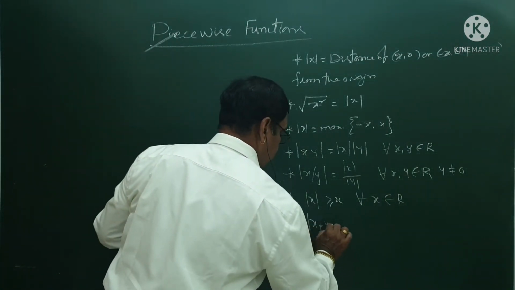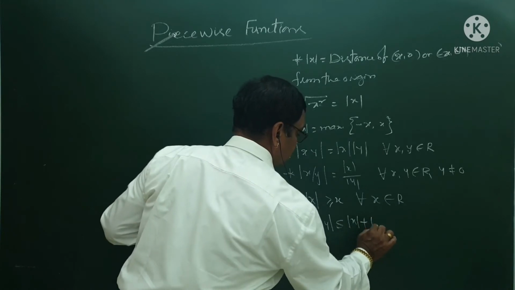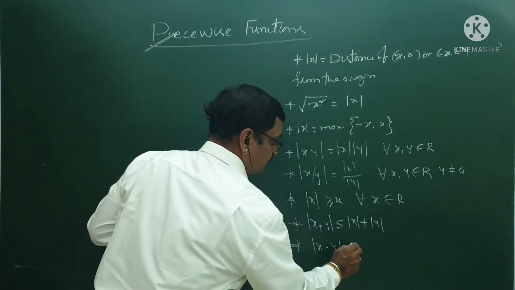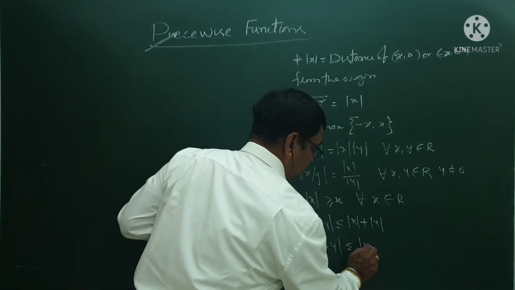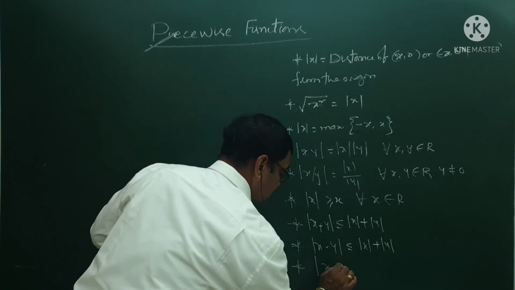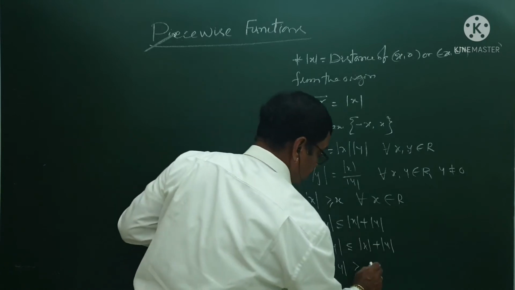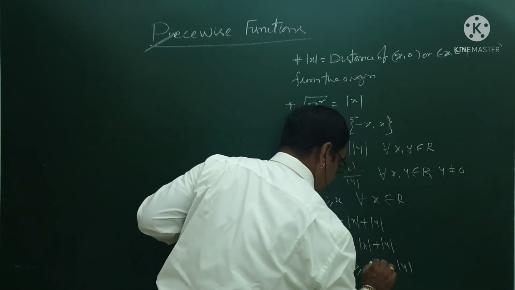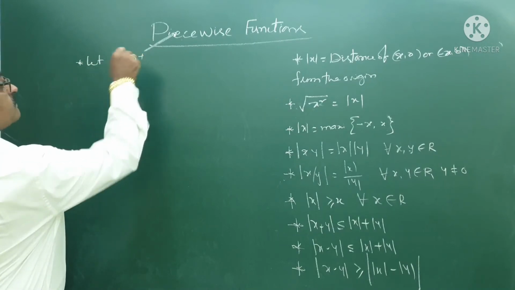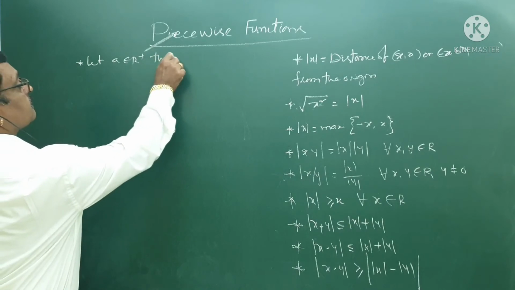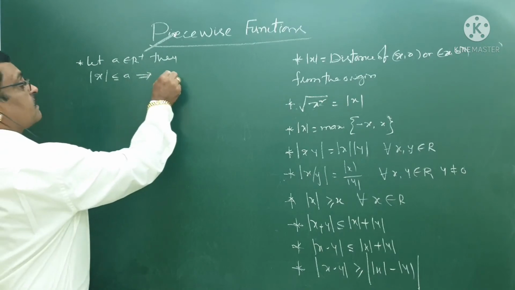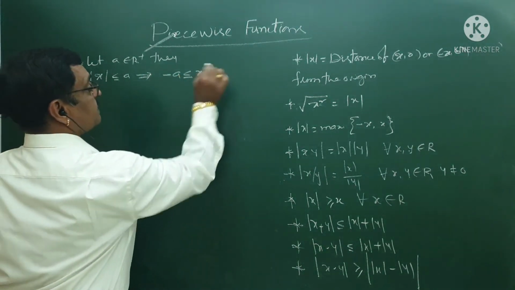Mod of x plus y is less than or equal to mod x plus mod y, and mod of x minus y is also less than or equal to mod x plus mod y, and mod of x minus y is more than or equal to mod of (mod x minus mod y). Now, a is any positive real number. Mod x less than or equal to a implies minus a less than or equal to x less than or equal to a.